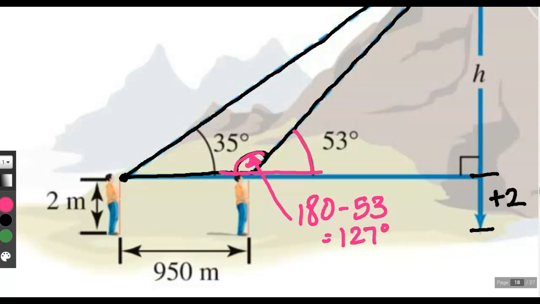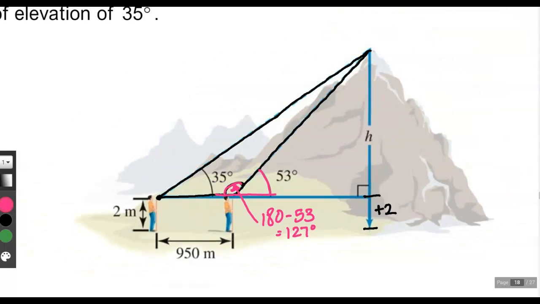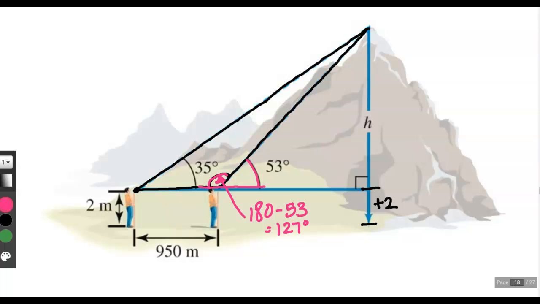So now, we have angle, side, angle. How does that help us? What can we now solve for that will eventually help us solve for h? You could, but how would that help us in the end? Any ideas, guys?